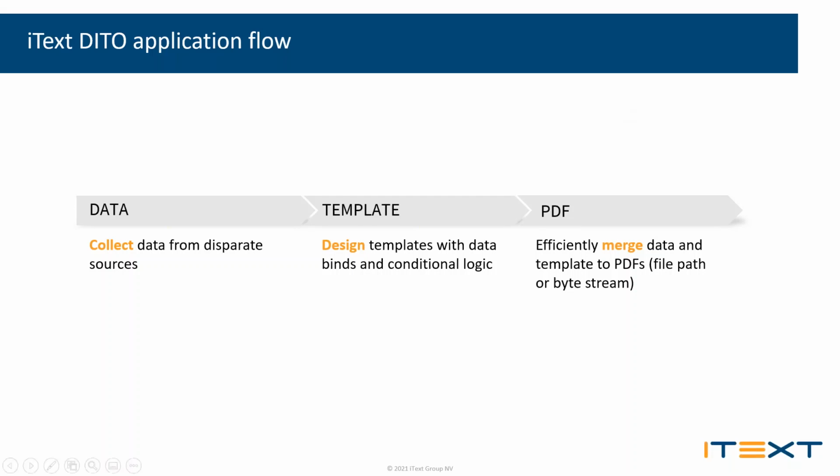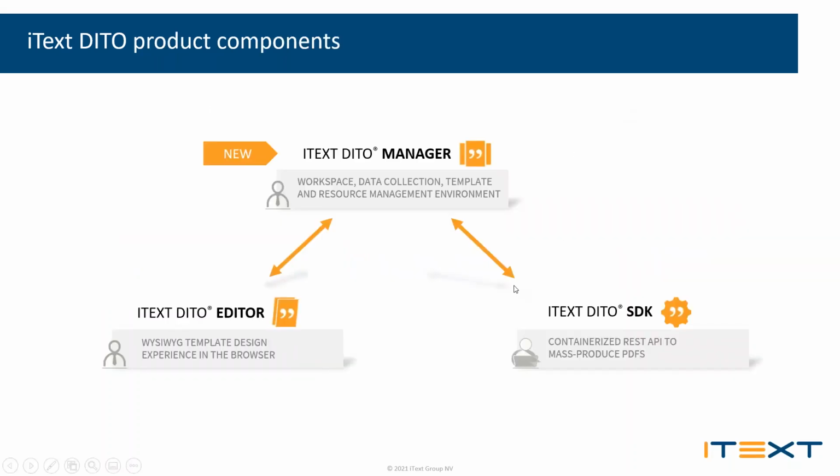If you look at the components that iText DITO is built of, at this point in time, there are two components. There's the iText DITO editor, which is the WYSIWYG template design experience. I'm going to show you how that looks and feels. And then the iText DITO SDK, or the API as we call it, which is that document generator, that PDF producer API that we have.